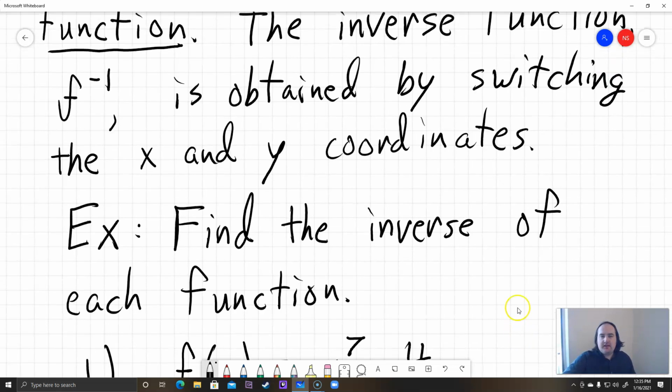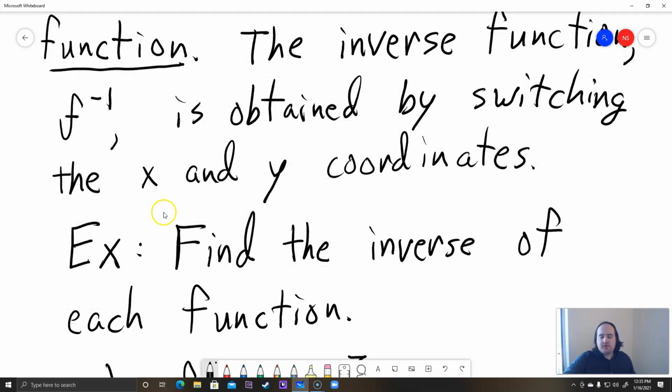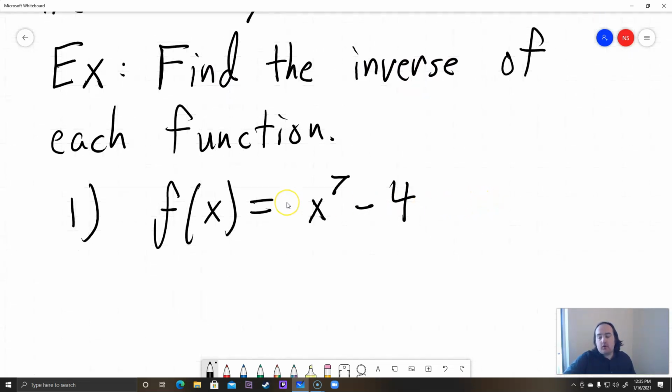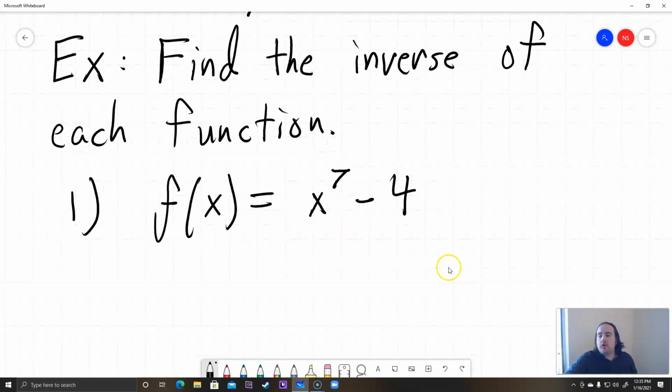Okay, so the inverse function is obtained by switching the x and the y coordinates. And they have already determined that these functions are one-to-one. So they tell us in the instructions that the function is already one-to-one, so we don't have to determine whether it's one-to-one, we can assume that.